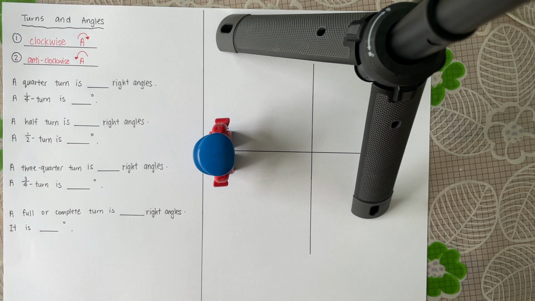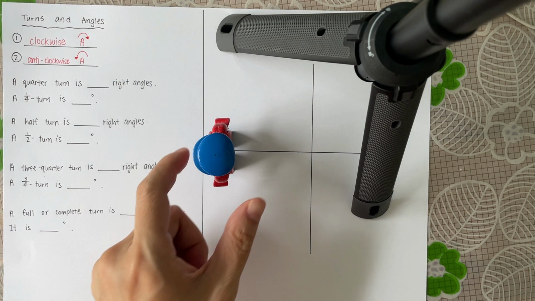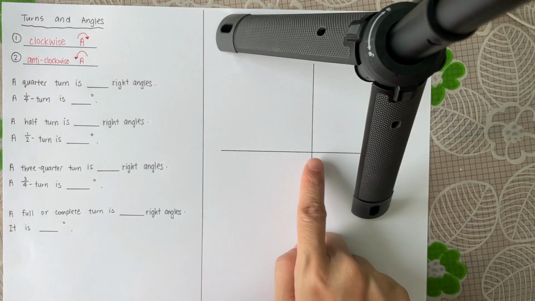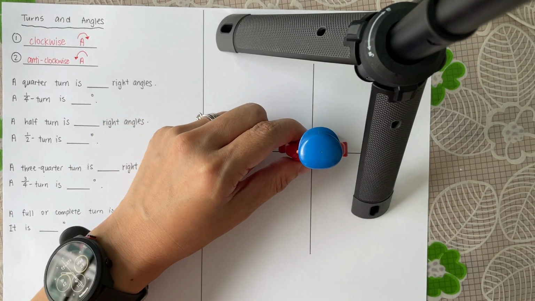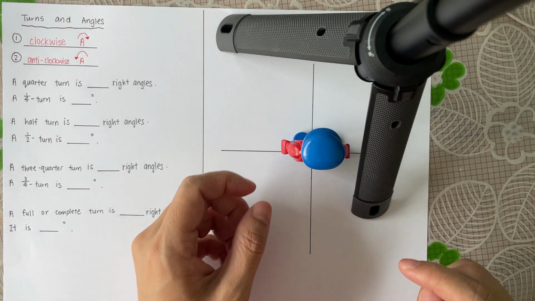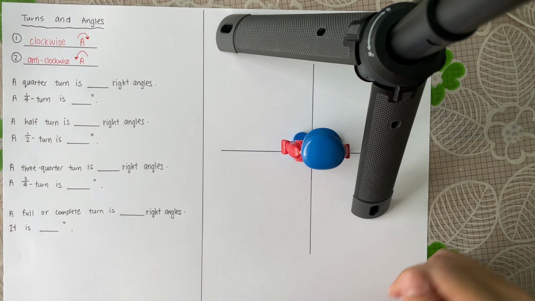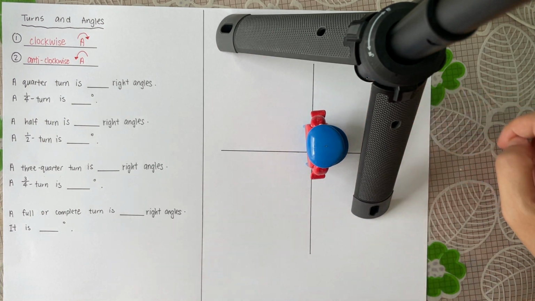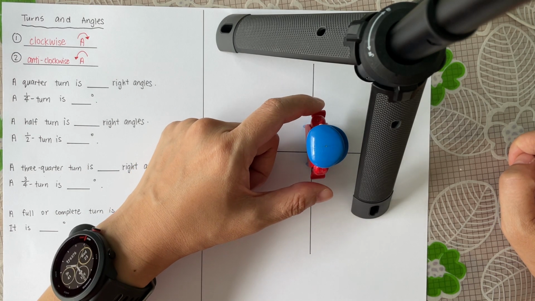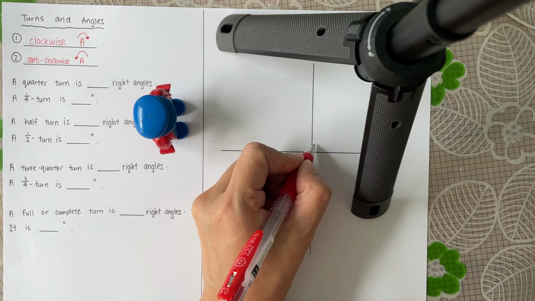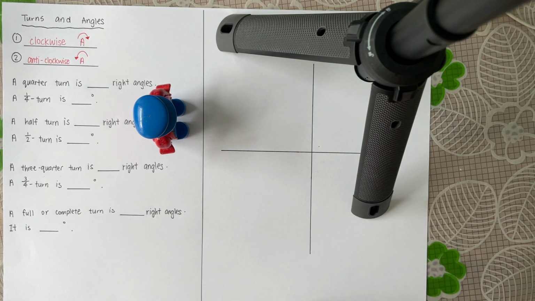Now, how do I make sense of this? If I put him against this grid, okay, he's standing here, and I turn him through, let's say in the clockwise direction, here, he would have turned this angle, isn't it?